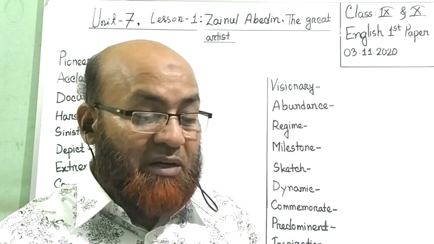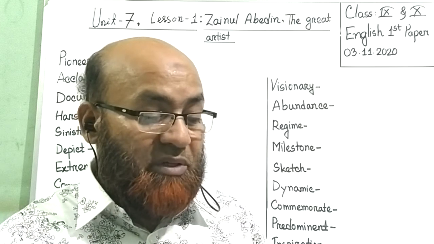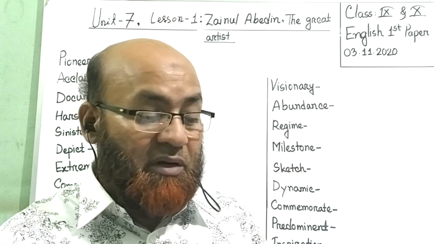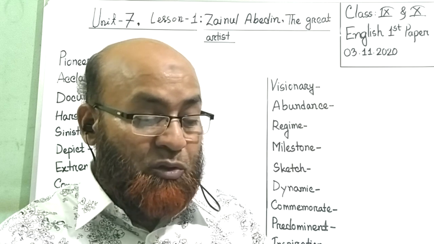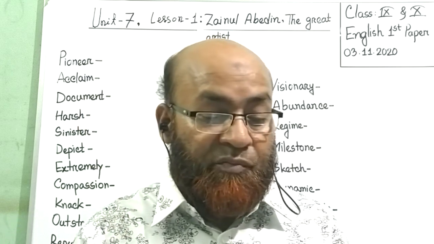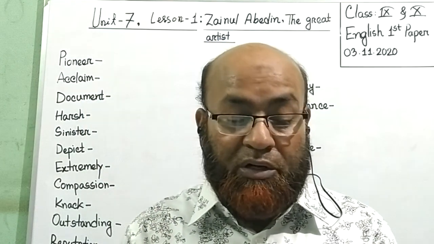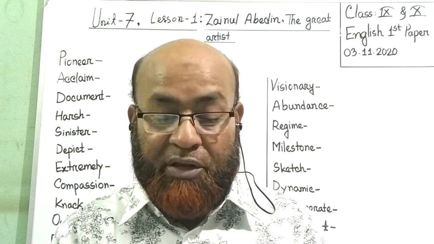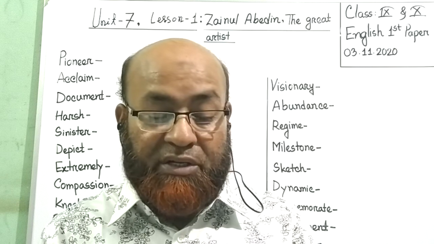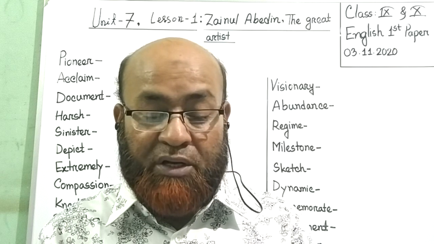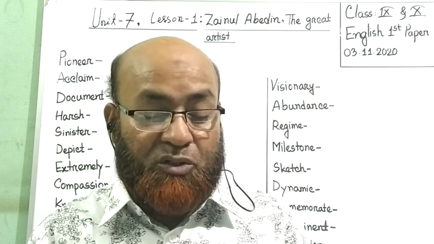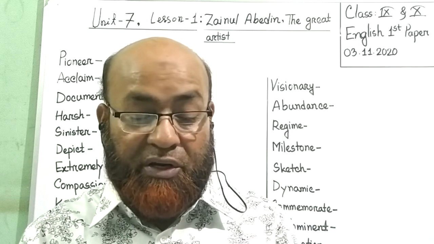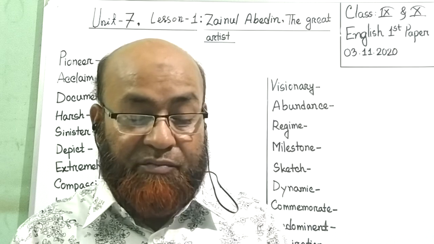The pioneer of Bangladeshi modern art, Zainul Abedin, is widely acclaimed for his Bengal famine sketches. Through the series of sketches, Zainul not only documented the harsh famine of 1943, but also showed its sinister face through the skeletal figures of the people destined to die of starvation in a man-made famine.